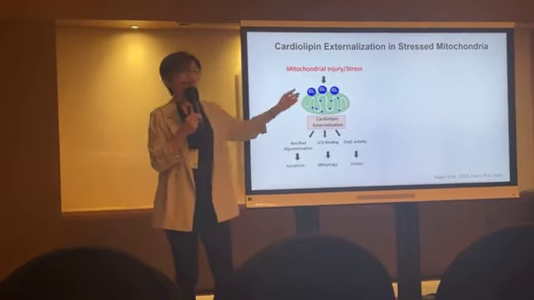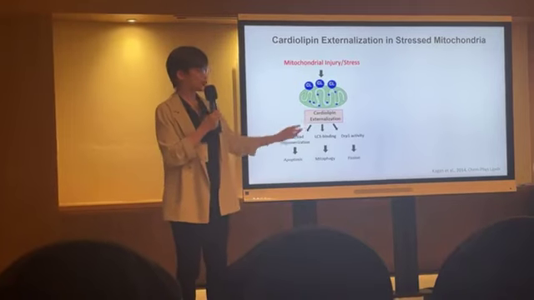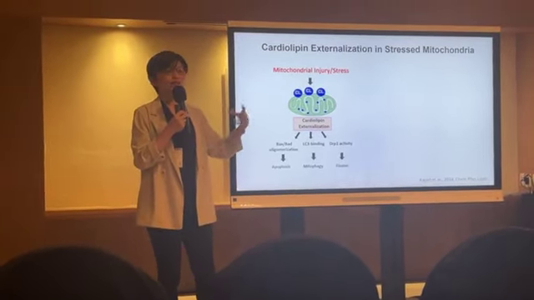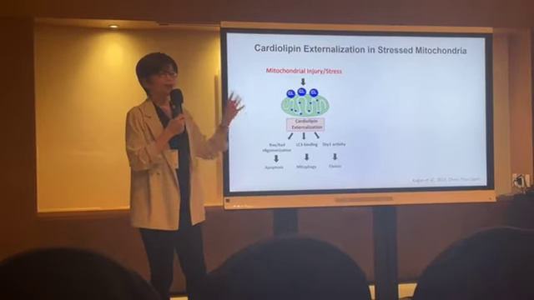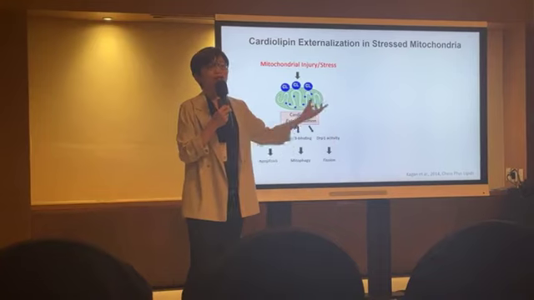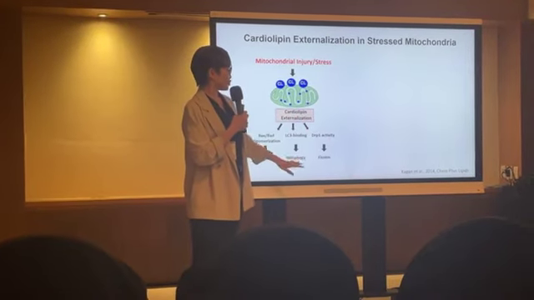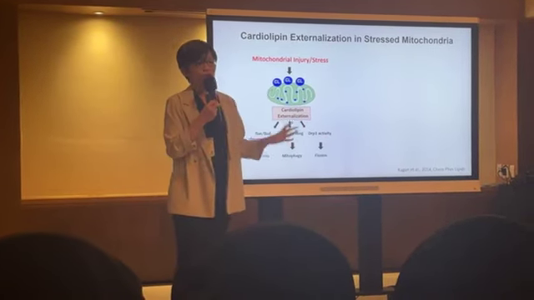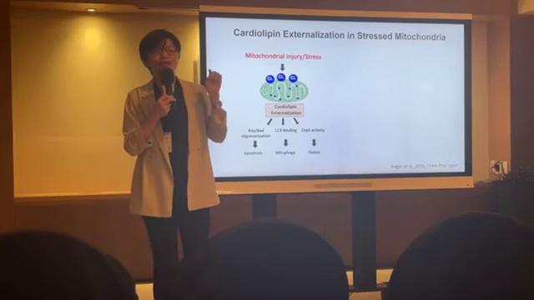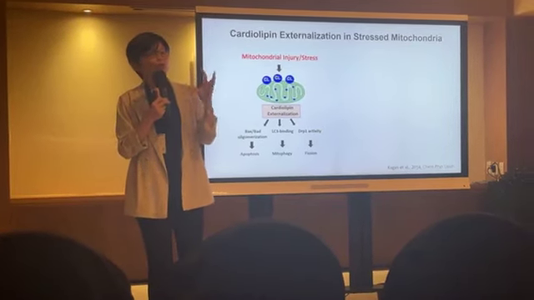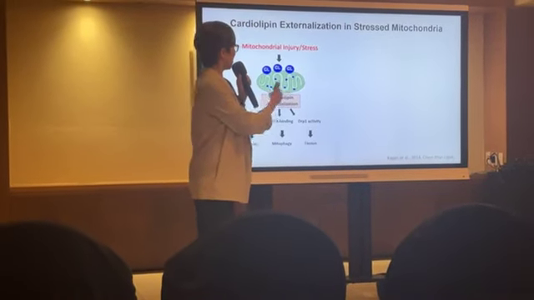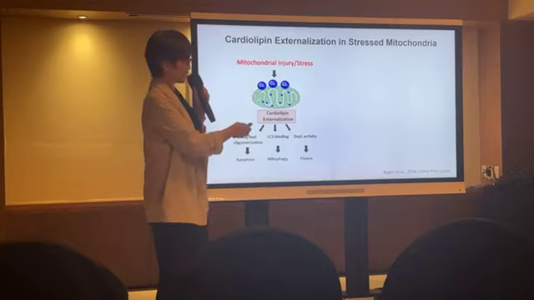And therefore, outer mitochondrial cardiolipin will trigger either apoptosis, to induce the calcium export forming the VDAC pore, or promote fission through binding to DRP1, or eventually promote mitophagy because cardiolipin can bind directly to LC3 to trigger mitophagy. So this is a multiple-function cardiolipin.